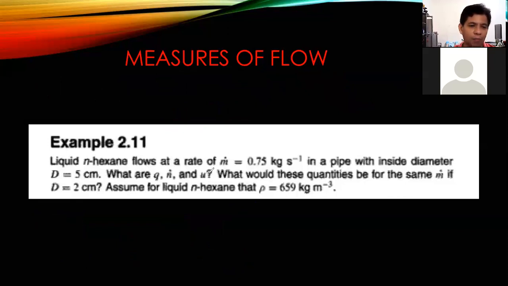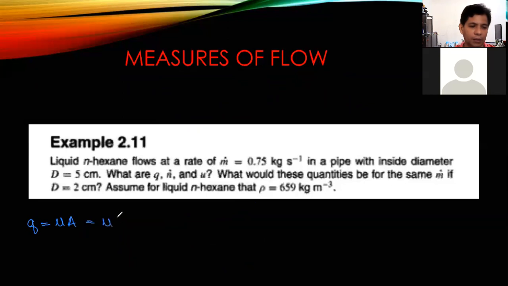I'm going to calculate the velocity. So, velocity, ang gagamitin nating equation ay yung Q is equals to velocity times area. Okay? So, ang area ng circle, usually pipes naman are circle, ano? Cylinder, pero yung area niya is circle, di ba?